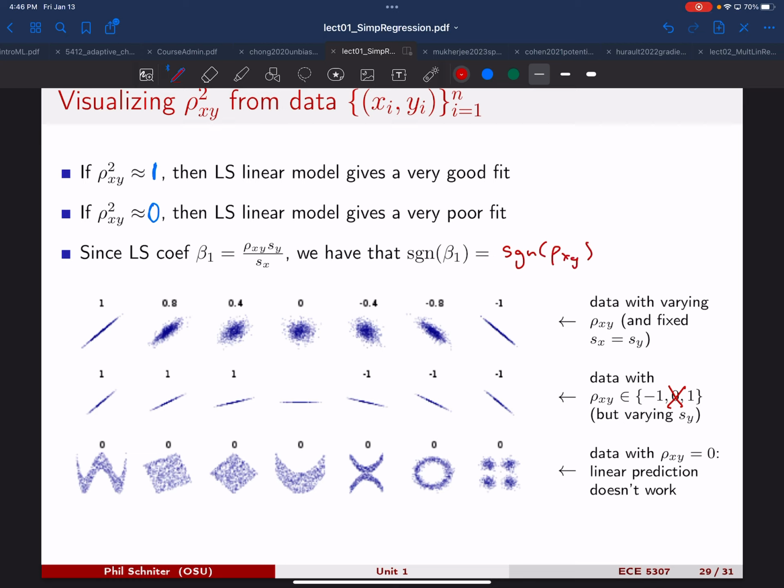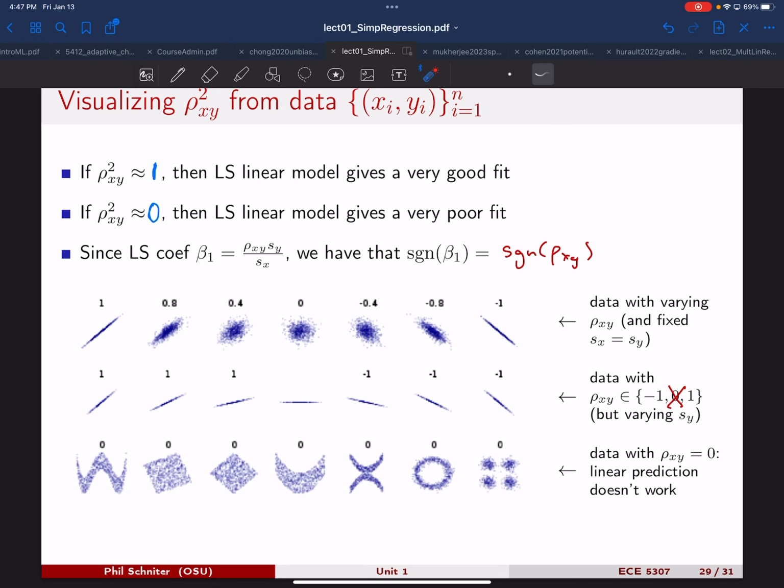And that's because S_XY is positive, S_X is positive, so therefore whatever sign rho_XY has is inherited by beta 1. So just knowing the sign, knowing the trend in your data, whether it's a positive trend or a negative trend, that tells you the sign of the slope beta 1.